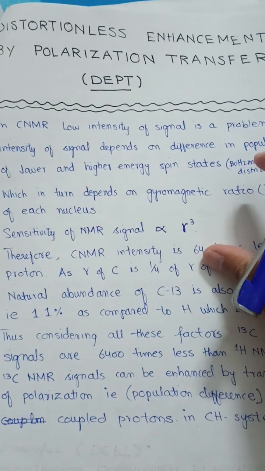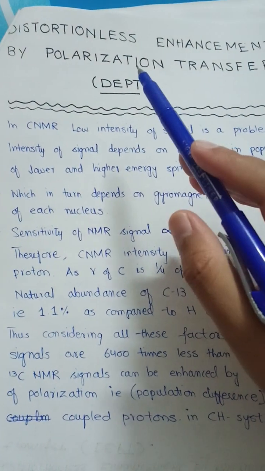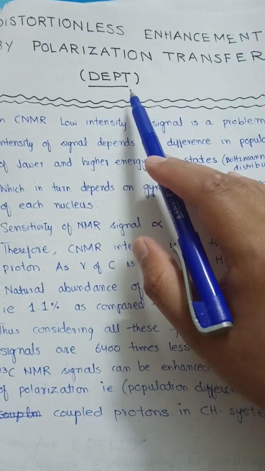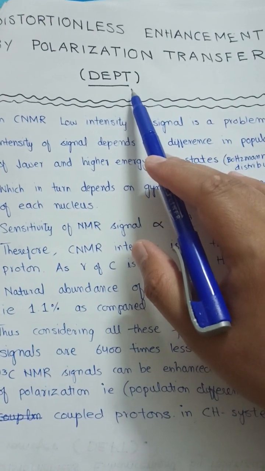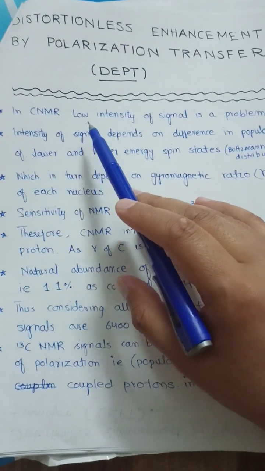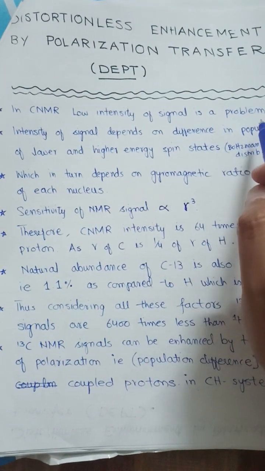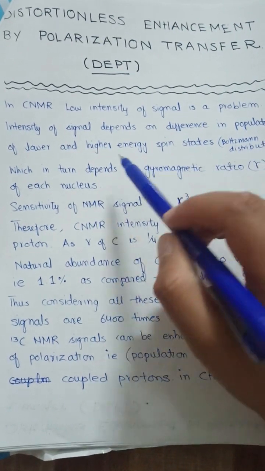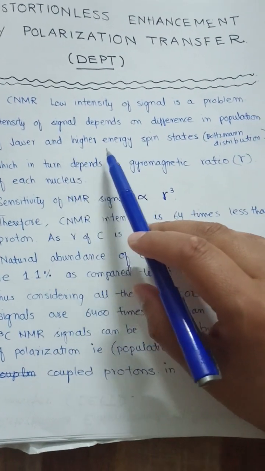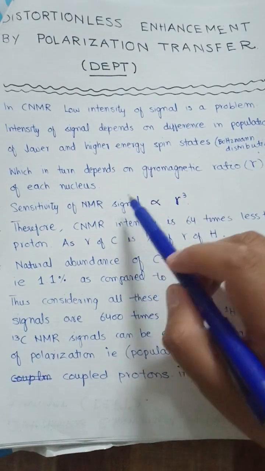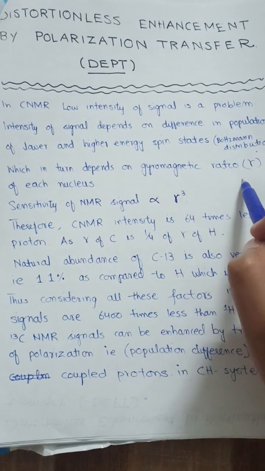And now we are going to discuss distortionless enhancement by polarization transfer, which is also called C-DEPT. In carbon NMR, the low intensity of the signal is a problem. The intensity of the signal depends on the difference in population of the lower and higher energy spin states, that is the Boltzmann distribution, which in turn depends on the gyromagnetic ratio.